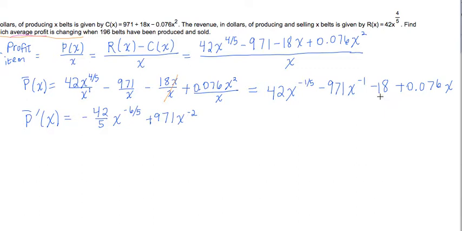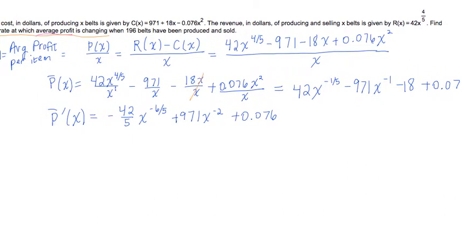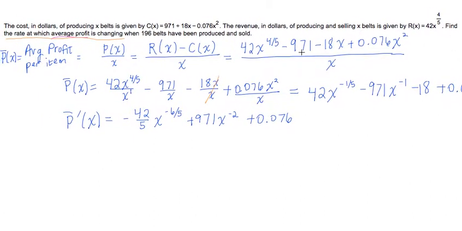The derivative of negative 18 by itself is 0, and the derivative of the last term is the coefficient, 0.076. Okay, so there's the derivative of the average profit function. We actually want to find the rate at which the average profit is changing when 196 belts have been produced and sold. So that means we want to find the derivative of average profit at 196. So P bar prime of 196.